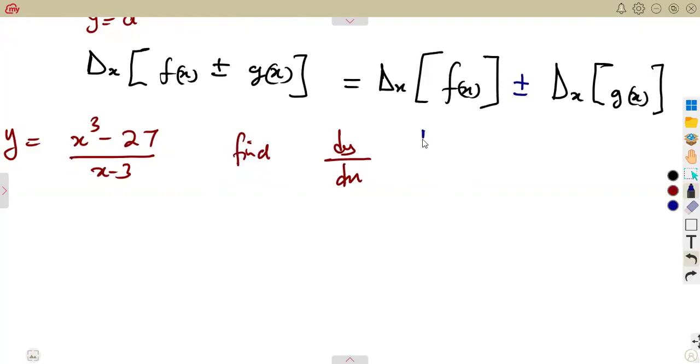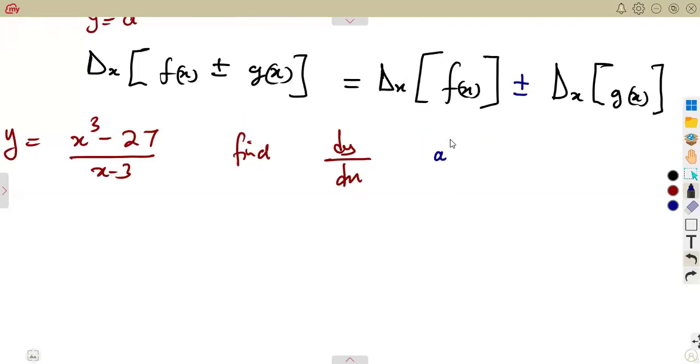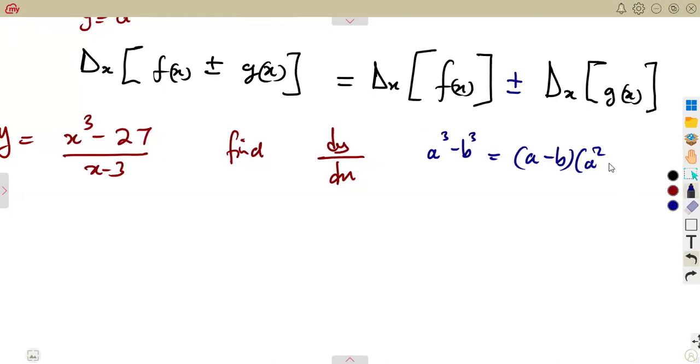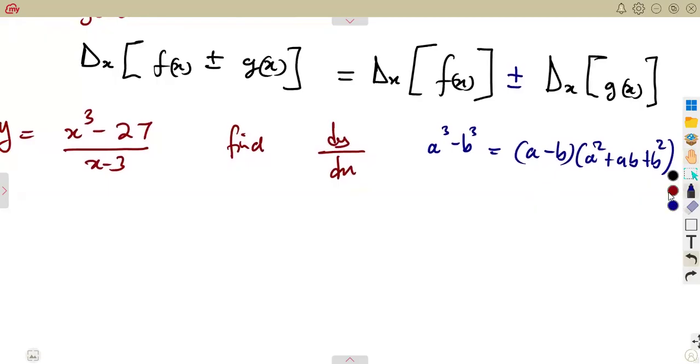Remember, from your sum and difference of two cubes, if you are given this as a cubed minus b cubed like this will give us a minus b in one bracket. Then we're going to have the bracket of a squared plus ab plus b squared. All right. Why am I talking about this? This is the presentation of the x cubed minus 27. It can seem to be a complicated situation, but look here.